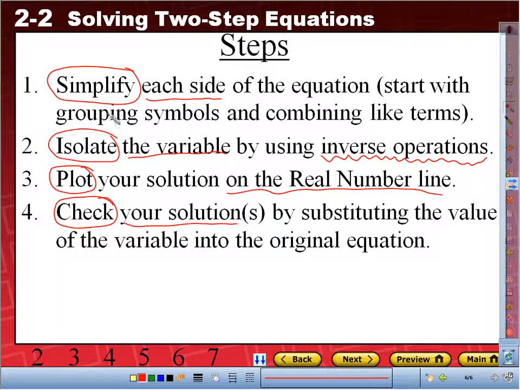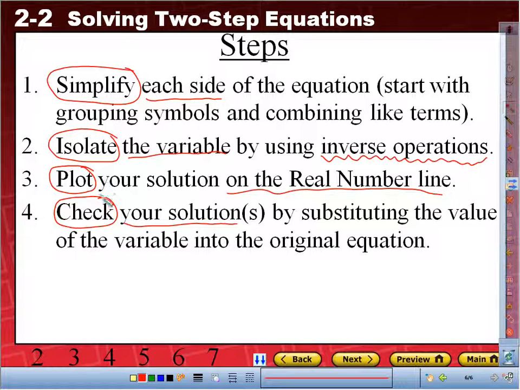All right. So with that said, let's think about our steps. Step one, simplify each side. Step two, isolate. Step three, plot. Step four, check. Let's go a little bit faster.